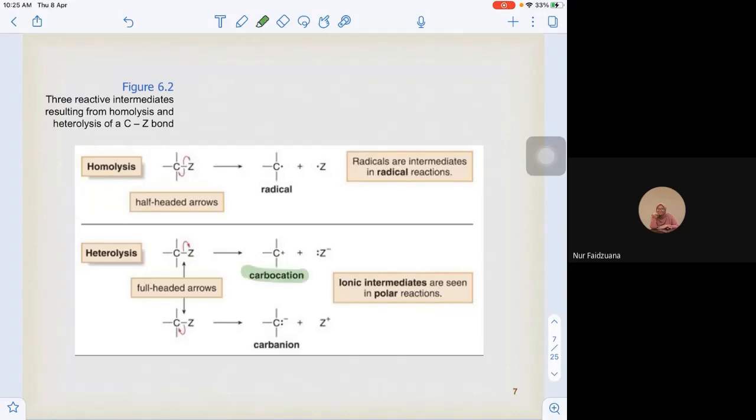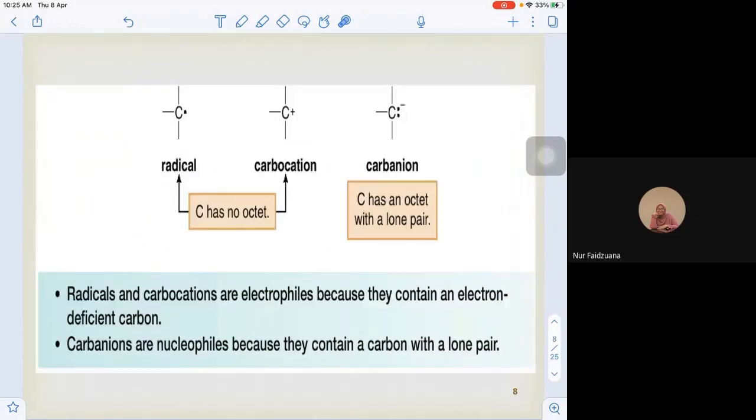However, if carbon is the one that is more electronegative than the Z, then carbon receives both of the shared electrons. This carbon will turn to a carbanion, and the Z turns to Z plus.